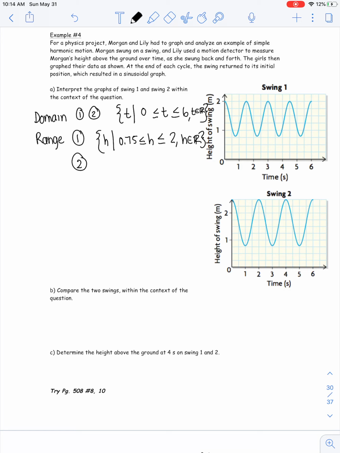Now swing number 2, our minimum is 0.75, so they're the same distance above the ground. But it goes higher, so that means that this swing was pushed farther up to a height of 2.5 meters off the ground.